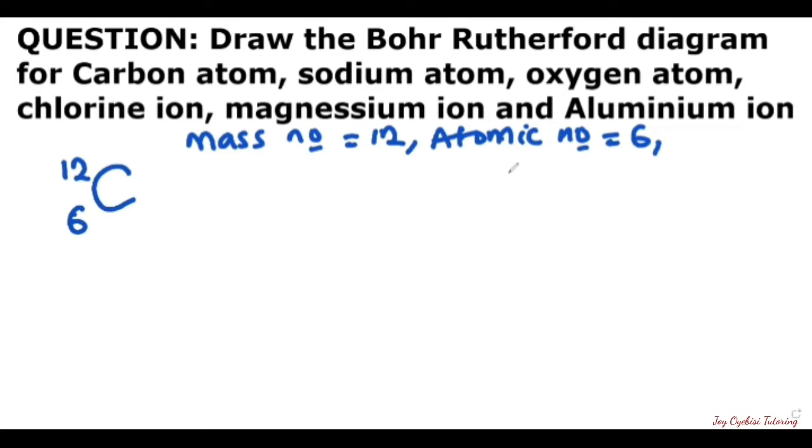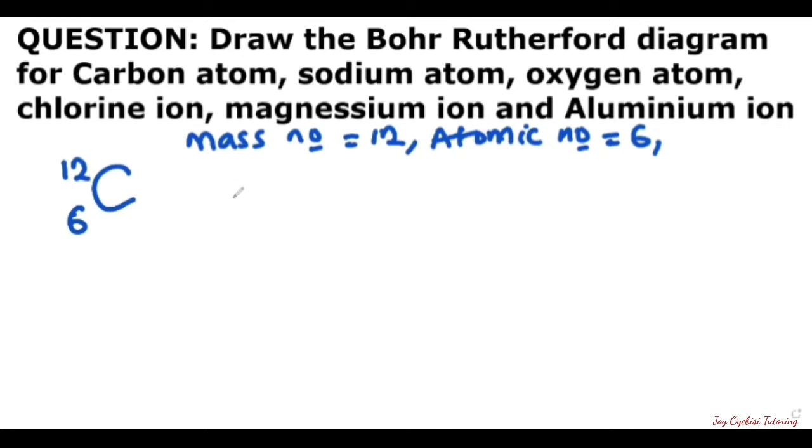Now, carbon is a neutral atom. So all of these ones that were given here, carbon atom, sodium atom, oxygen atom, are all neutral atoms. In neutral atoms, number of protons equals number of electrons, and of course, that would mean that it's also equal to the atomic number, right?